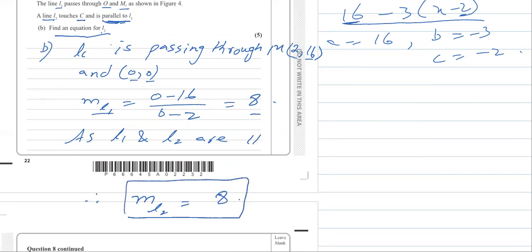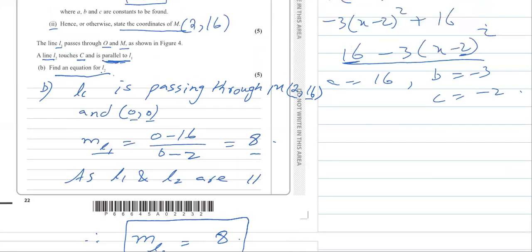So one thing we got for L2 is that its gradient is 8. Now, what else do we need? The second thing that we need is one of the points on this line. And it is also given that L2 touches C and is parallel to L1.